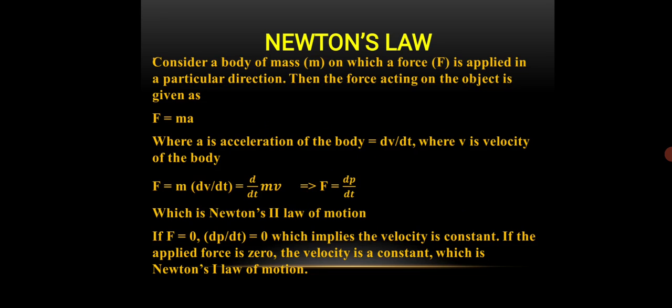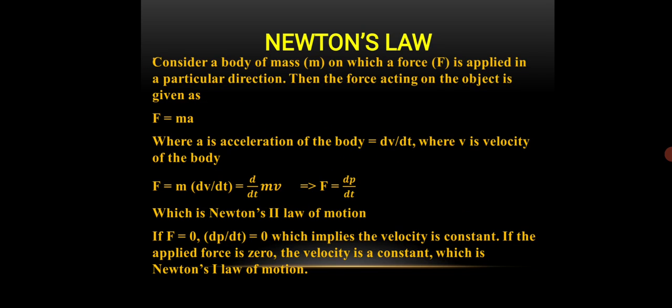The reverse is also possible. That is, from F is equal to ma, since Newton's law says F is equal to ma, we can also show that it is equal to the rate of change of momentum. Starting from F is equal to ma, m is the mass of the body and F is the force applied, and because of the force there is an acceleration, which is a.